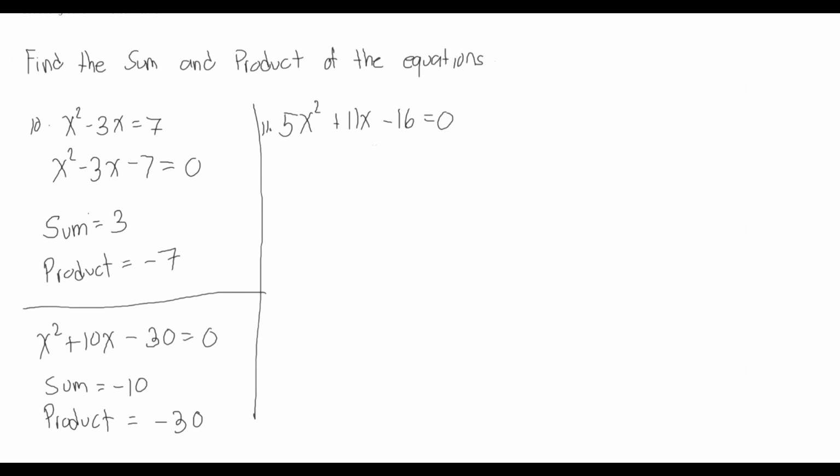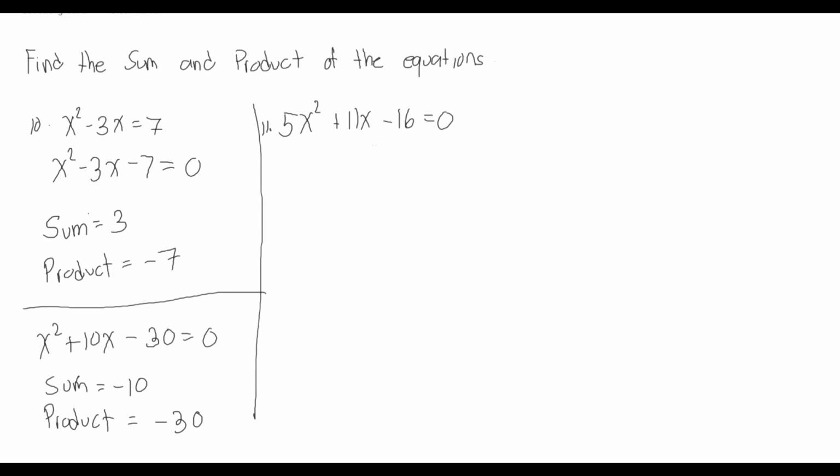Now, hindi mo magagawa tong shortcut na to kapag si first term mo hindi x squared. If you have 5x squared plus 11x minus 16 is equal to 0, hindi mo pwedeng gawin yung sum and product na kunin mo lang yung middle term, palitan mo yung sign, or kunin mo yung last term, gayahin mo yung sign. No. So, what we're going to do is to make your first term x squared. How are we going to do that?